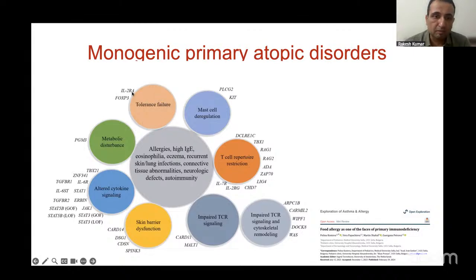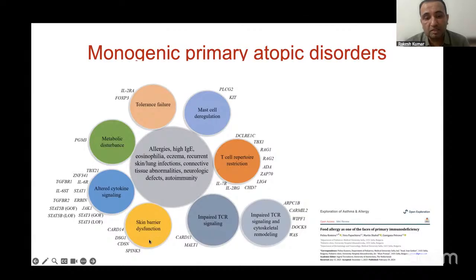like the case I have shown, IL2RA defects, and FOXP3 defects, which is also a Tregopathy. They can have associated metabolic disturbances like PGM3 deficiency. They can have altered cytokine signaling, something like STAT1 deficiency, IL6ST deficiency, STAT5B gain of function or loss of function, or STAT3 loss of function and gain of function.